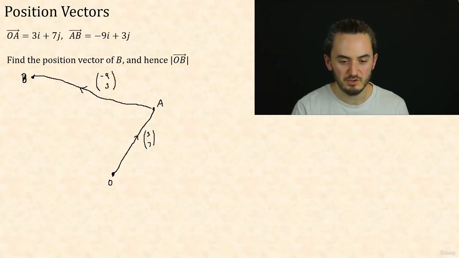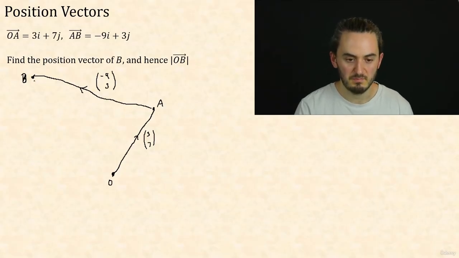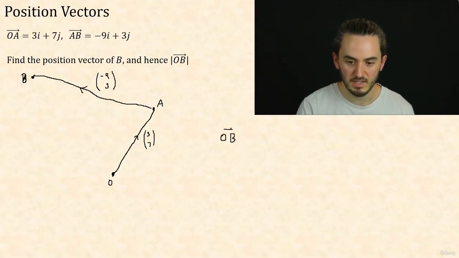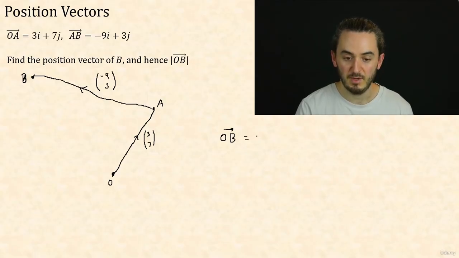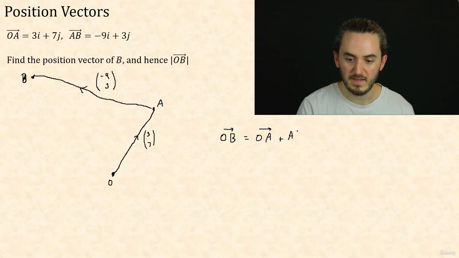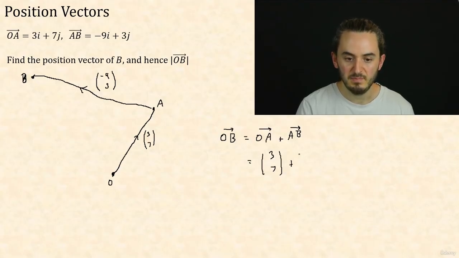It says find the position vector of B. So what is that, the position vector of B? Well, what that refers to is: what is the vector needed to get from O to B? The position vector of B is whatever this journey is. To figure that out, to get from O to B, we can go from O to A and then go from A to B. And when we add those together, O to A is 3, 7, and A to B is minus 9, 3.